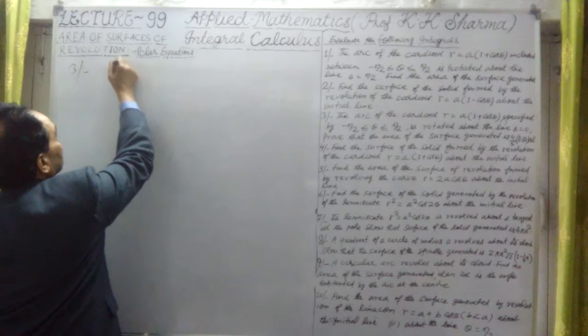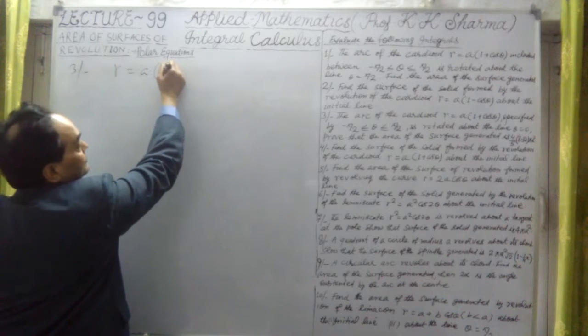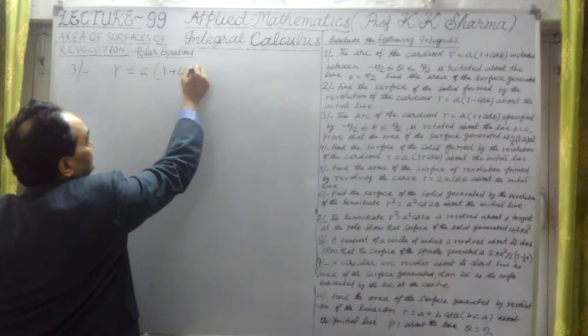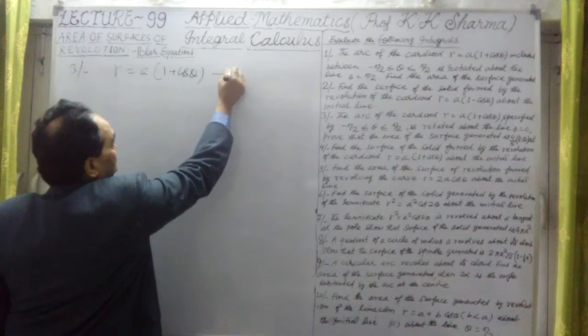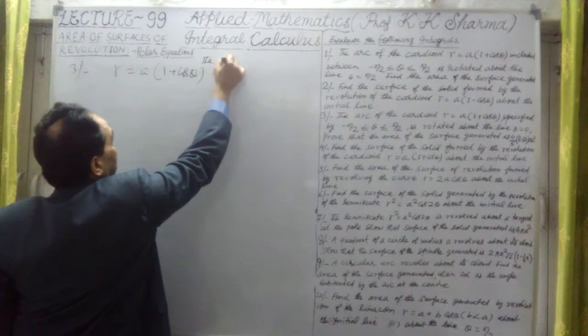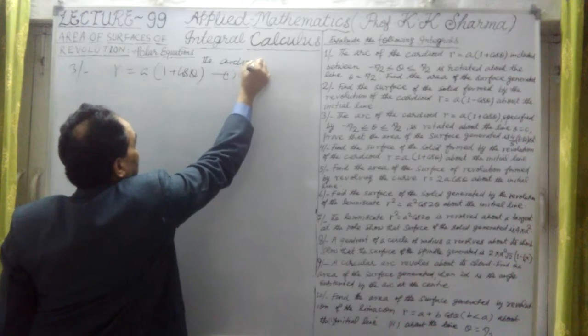Here the cardioid is r is equal to a into 1 plus cos theta. Okay, this is the first equation. The cardioid is here. The cardioid is this.